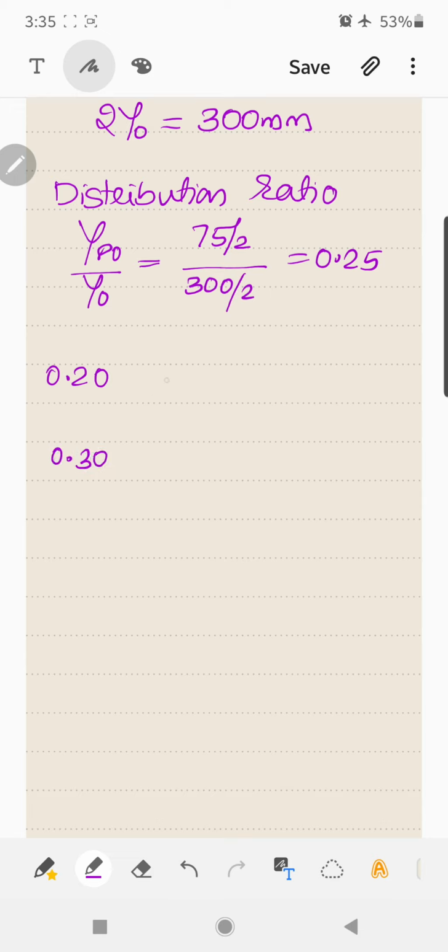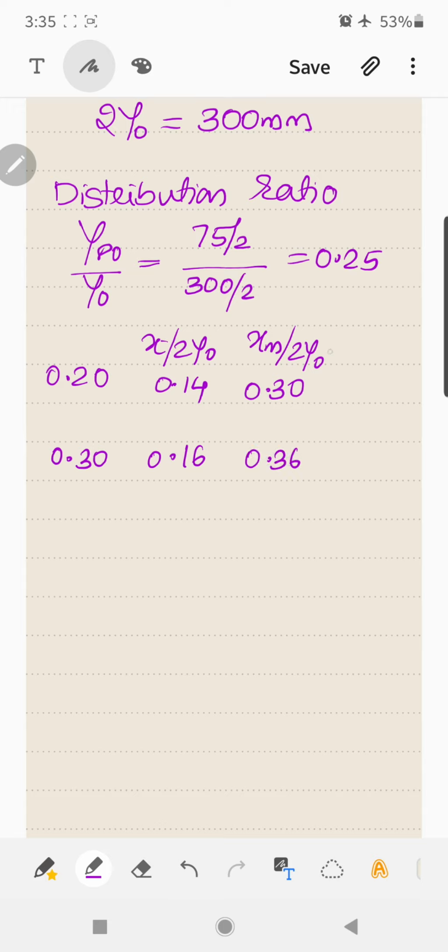For 0.3, x by 2 y naught, the position of zero stress, is 0.14 and 0.16. The position of maximum stress, xm by 2 y naught, is between 0.30 and 0.36. And the ratio of maximum tensile stress to average stress, F minimum by F, is between 0.36 and 0.33.